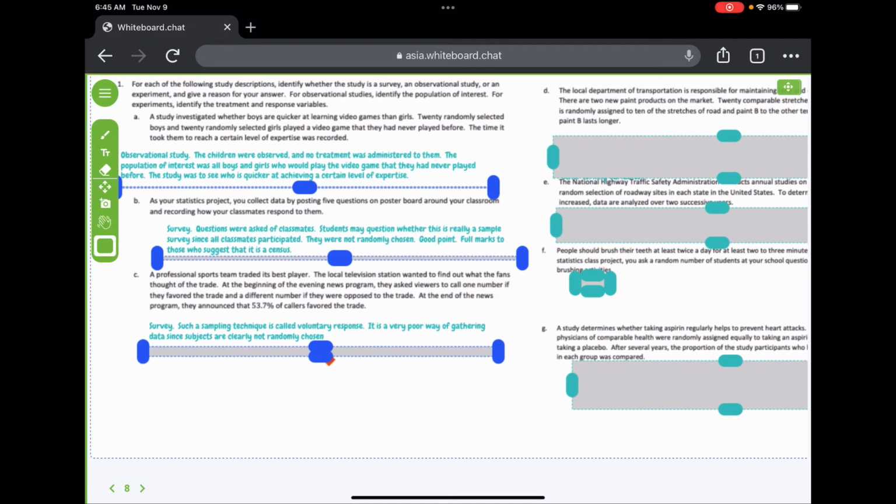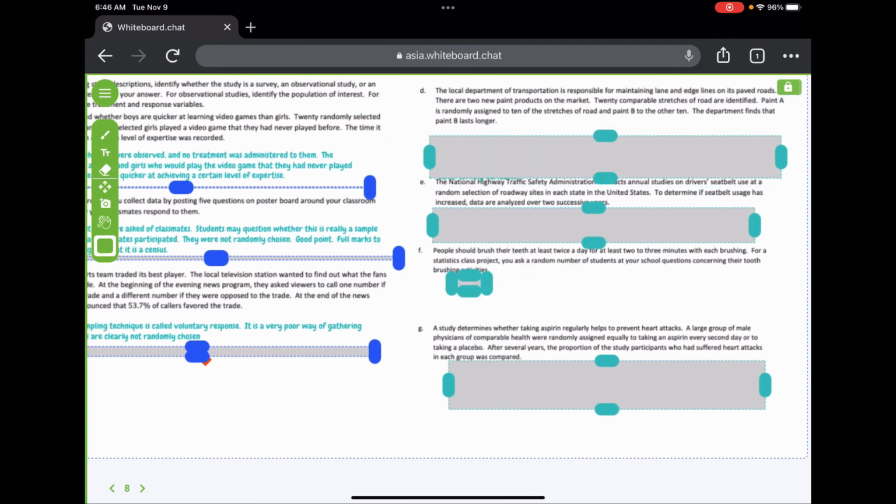You've asked a question and you've expected a response from it. So this is called a voluntary response. It is a very poor way of gathering data since subjects are clearly not randomly chosen. It's only the viewers of this local television station, and it's just the ones that wanted to respond. So those that are mad about it may call in, or those that are really glad that happened, they call in. So it's not really as random as it needs to be.